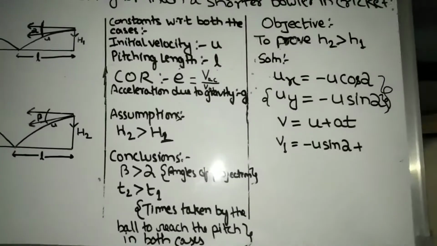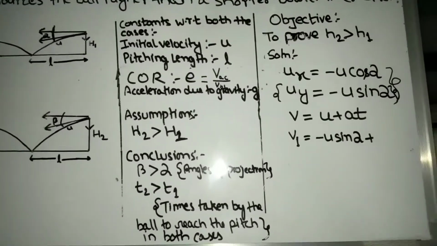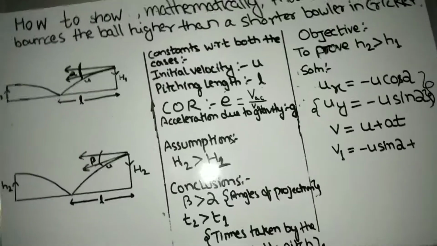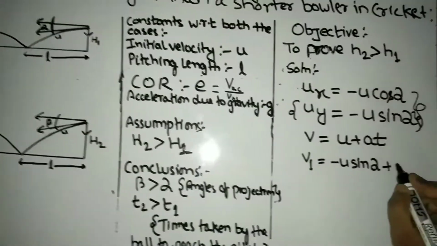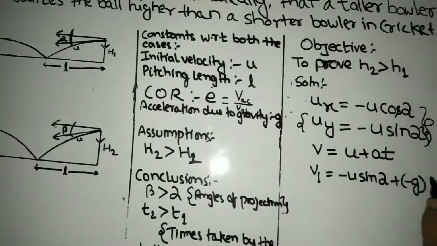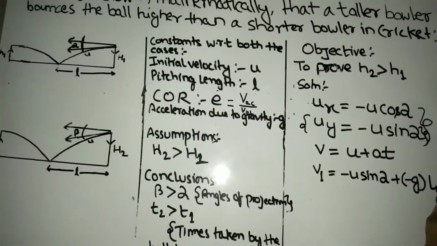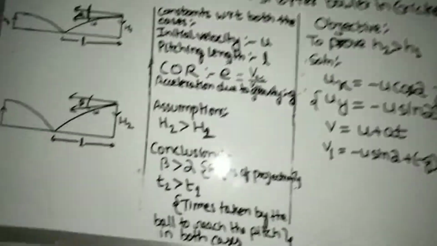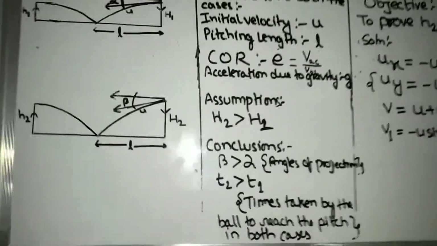A in this case will be the acceleration due to gravity, and since it acts downward, it will also have the negative sign, into T1. We know what T1 is.